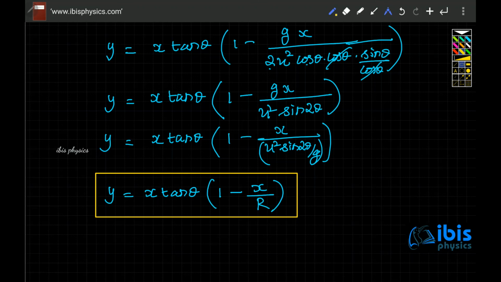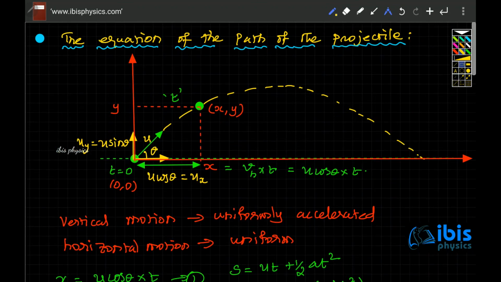Just remember this. So the equation of a trajectory is x tan theta times 1 minus x by R, where x refers to the horizontal position of the projectile. If the projectile is here, then x is actually this distance from here to here. The corresponding y position is this y position. That's it.